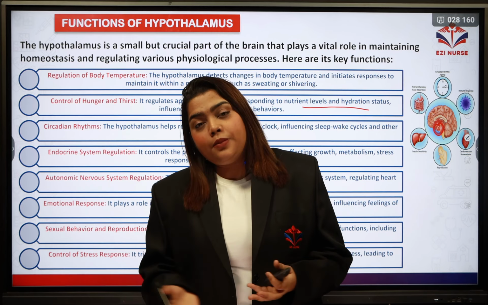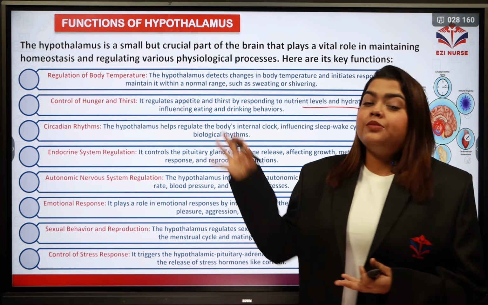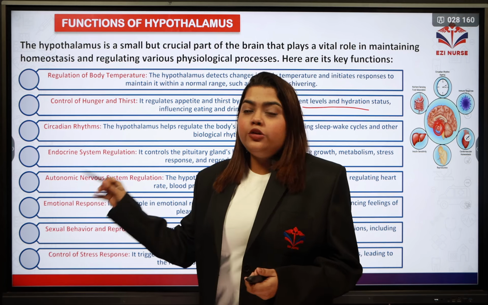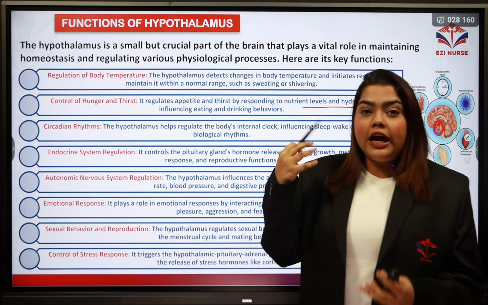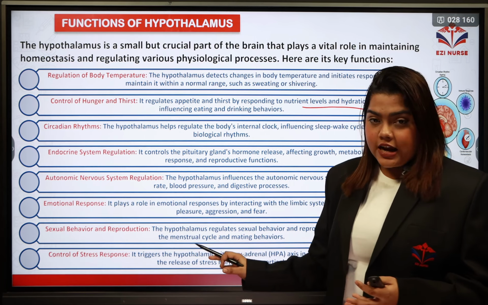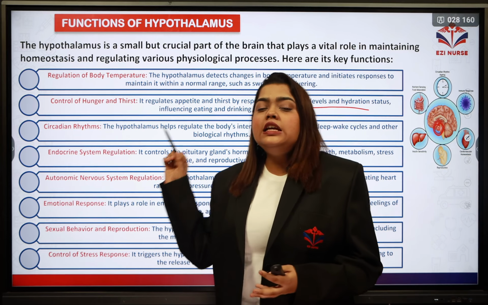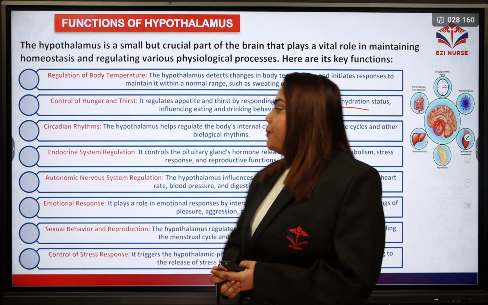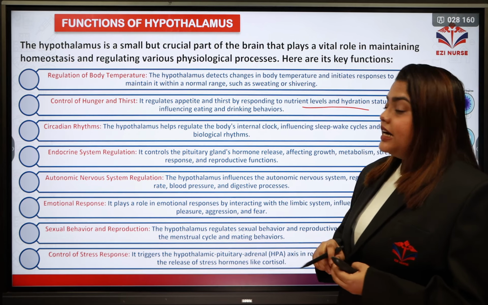This is maintained by the hypothalamus. Sometimes it comes as a 5 marks question, so remember to read it and remember the main points at least, so that you can easily explain it if it comes in the exam. So that is circadian rhythms.